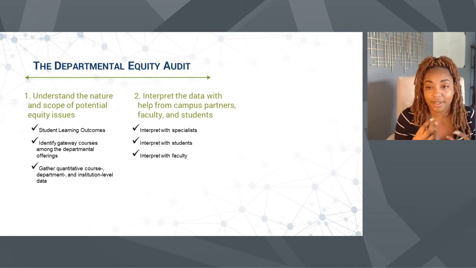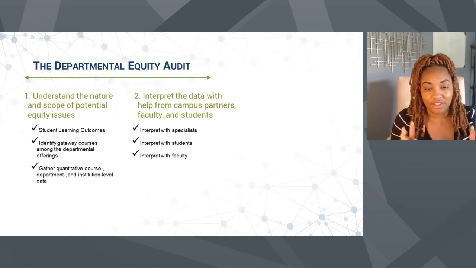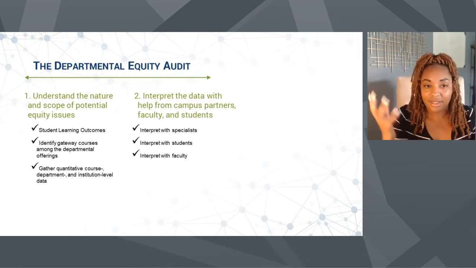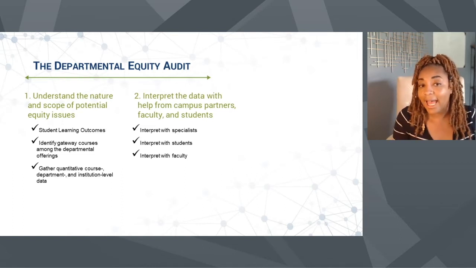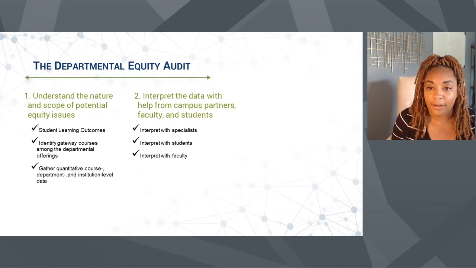Student input is very important because it helps to prevent assumptions being made about their behavior or their capability or their motivation. A lot of times we're all guilty of having these assumptions that we're making, and we haven't actually asked students what their reasons for behaving in certain ways are.